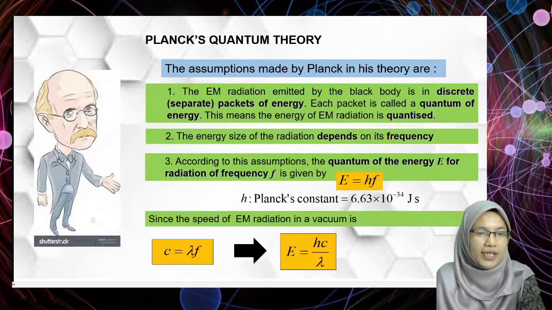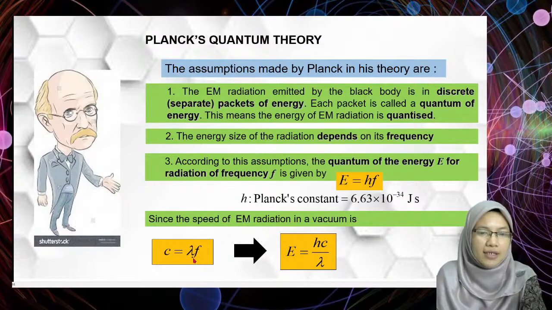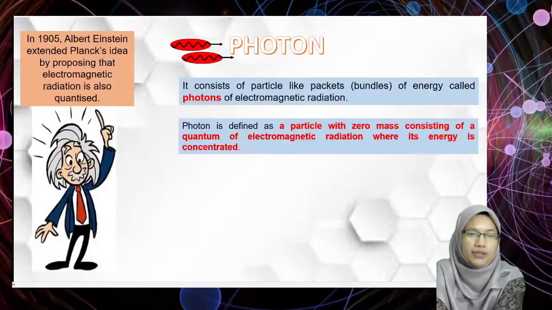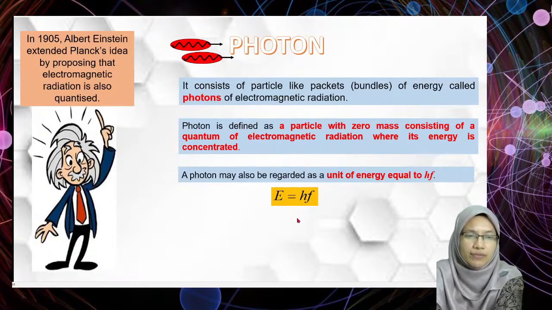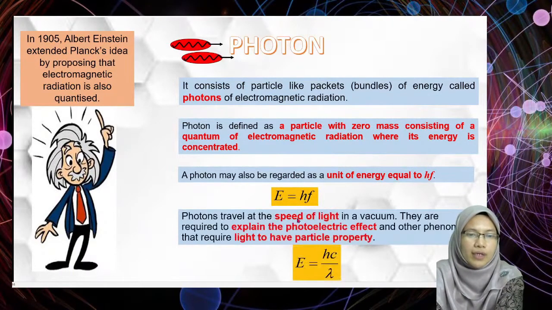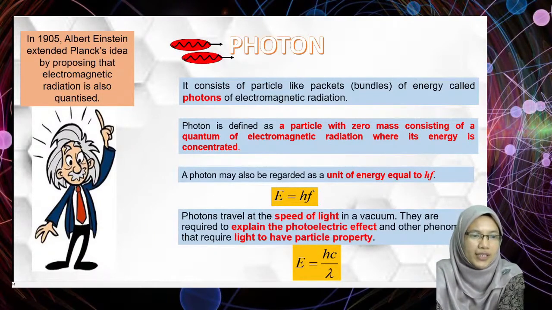Since the speed of electromagnetic radiation travelling in a vacuum is c equals lambda f, we can rewrite the equation. A photon, also known as a unit of energy, equals hf, which is E equals hf, and travels at the speed of light in a vacuum.